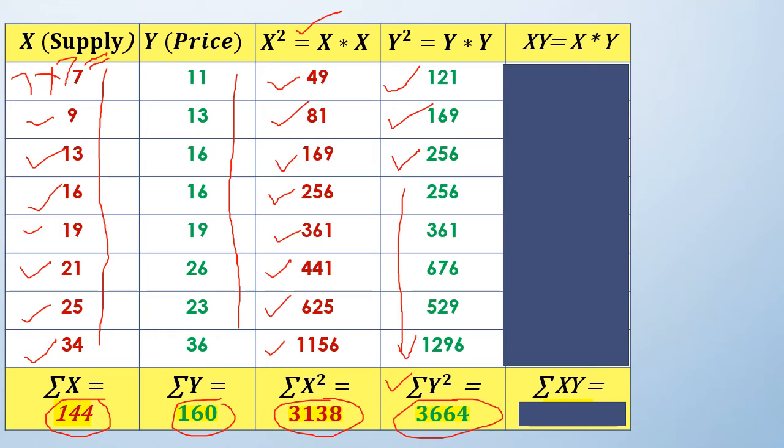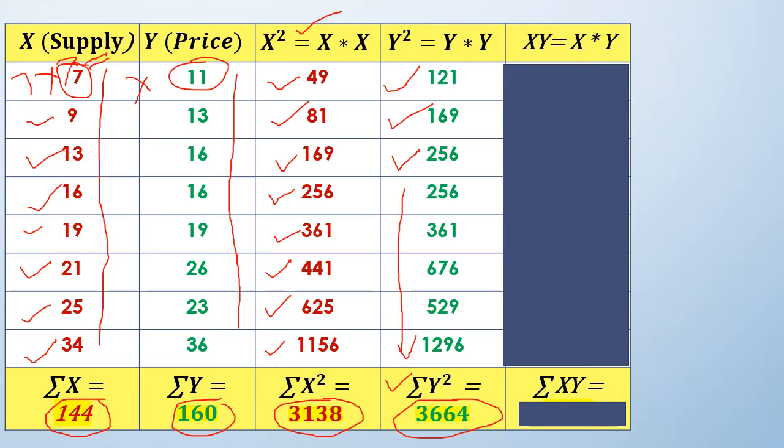Then we calculate xy. xy is equal to x into y. We know this value is x and this value is y. So these two values we take in the last column, x into y, that is xy.